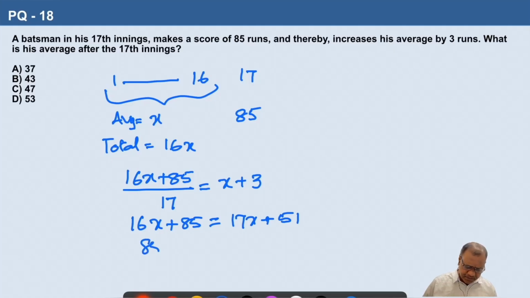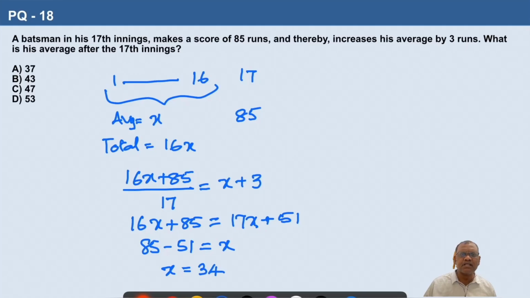So 85 minus 51 is equal to 17x minus 16x is x. So x is equals to 34. So this is the average of the initial 16.